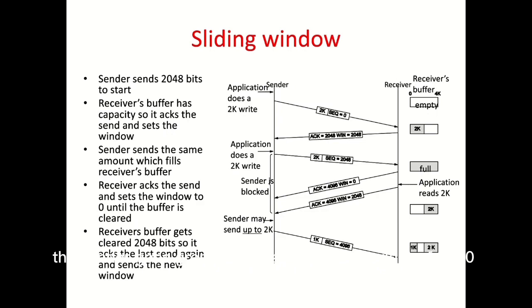The sender goes, great, now I can do another write of 2,000 bytes. So it writes those 2,000 bytes and sends them to the receiver. Well, 2,000 plus 2,000, right, we end up with a full buffer. So we're going to send back an acknowledgement that we have now read in those 4,096 bytes, and we're going to set the window to 0 because our buffer is full. We can't process any more bytes.